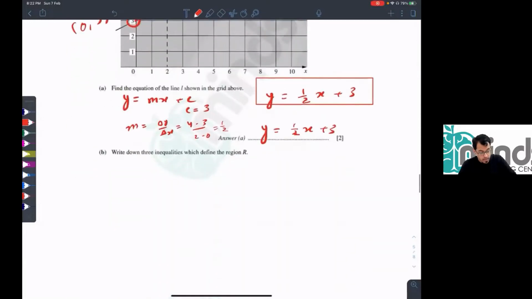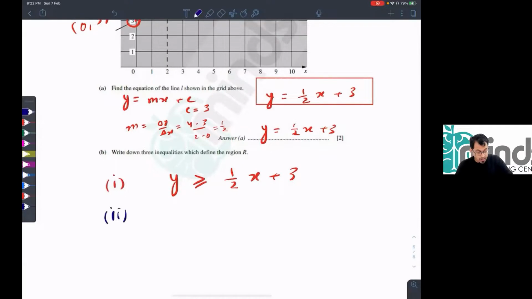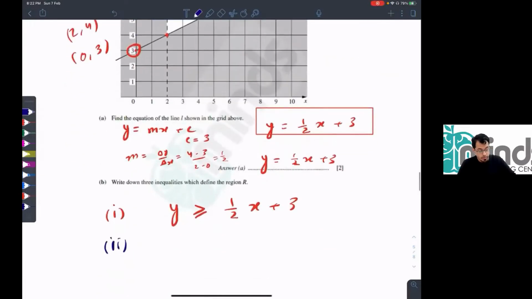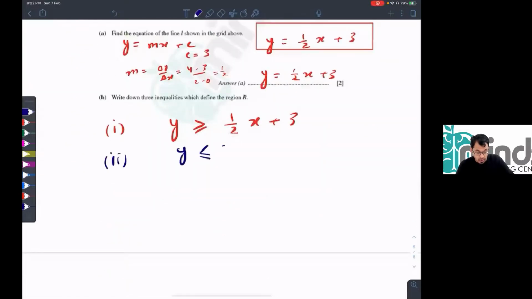So you will say y is greater than or equal to half x plus 3. This is one inequality. Second inequality. Can you see this horizontal line? This is actually y equals 7. The region is below the line. So it means that y is less than or equal to 7.